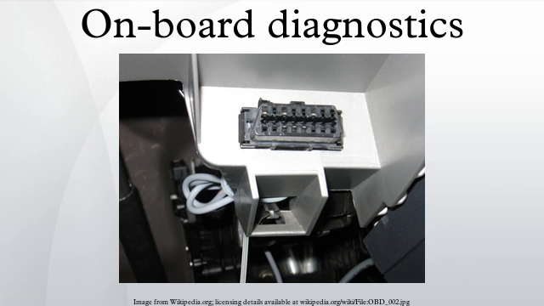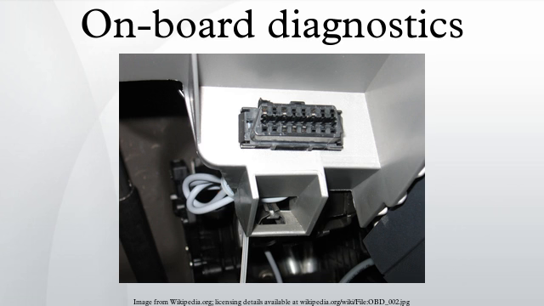OBDII signal protocols. There are 5 signaling protocols that are permitted with the OBDII interface. Most vehicles implement only one of the protocols. It is often possible to deduce the protocol used based on which pins are present on the J1962 connector.